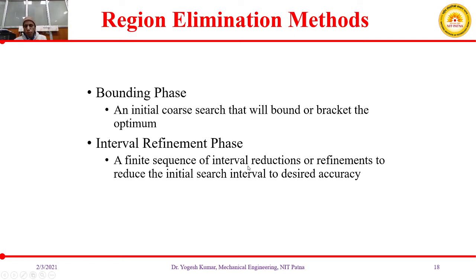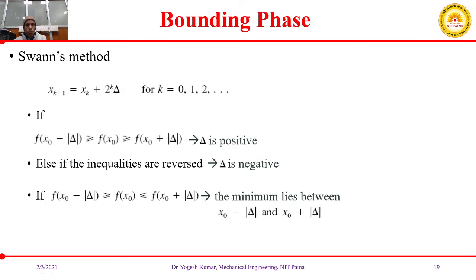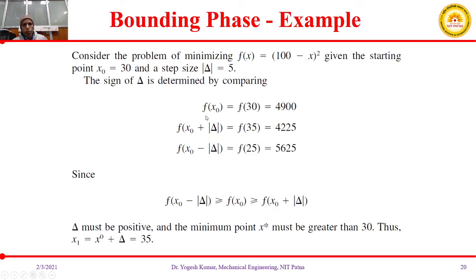Okay, so we will continue our discussion. We have discussed bounding phase, in which we used Swan method, and we were calculating the next step x(k+1) equal to x(k) plus 2 raised to the power k into delta. Okay, I hope all of you remember this discussion.